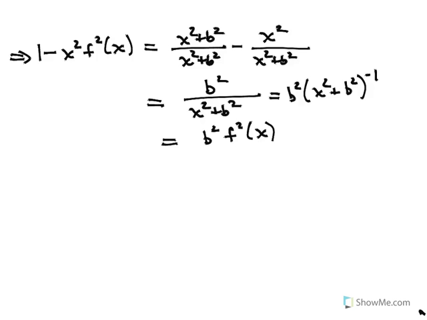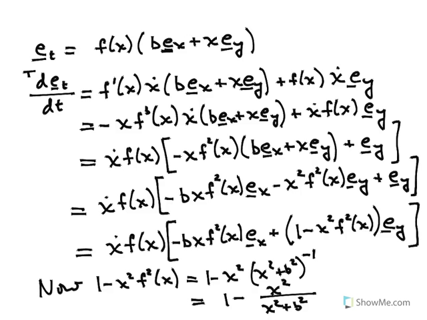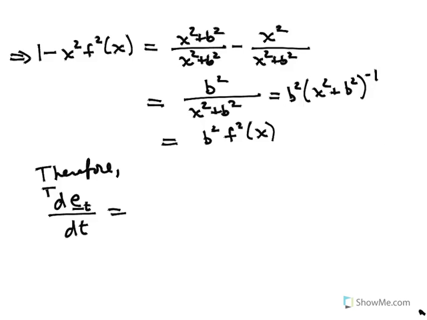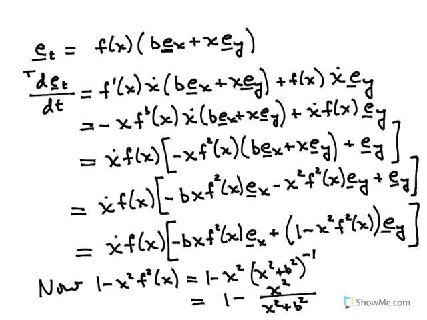So now I can use that result in this rate of change of the tangent vector. So I get de_t/dt in t is equal to... So now let's look at this. I've got x dot times f of x, and then I have this expression that's left.